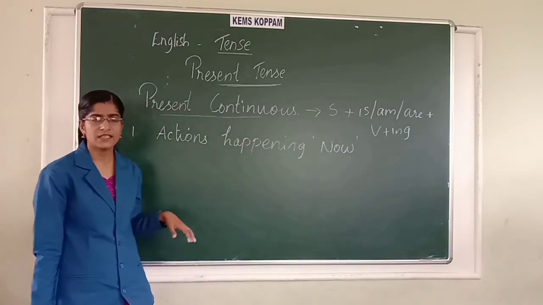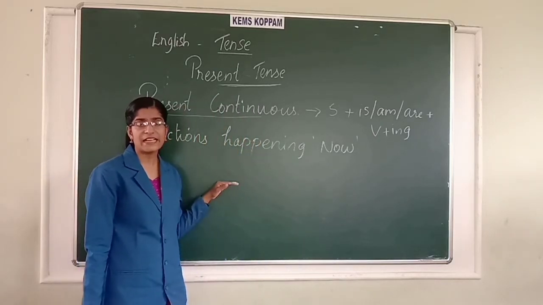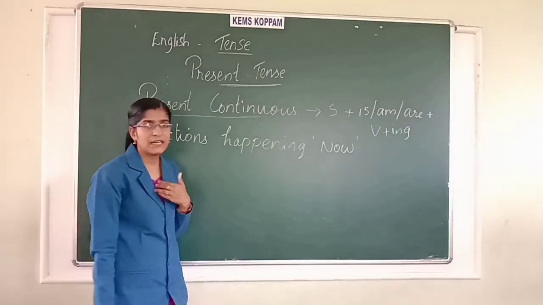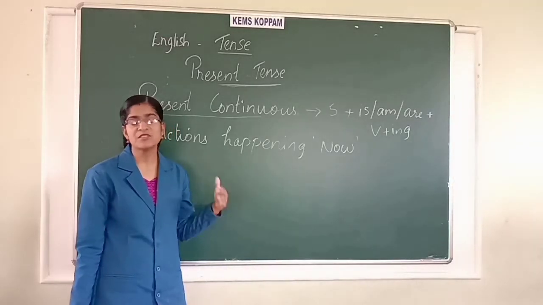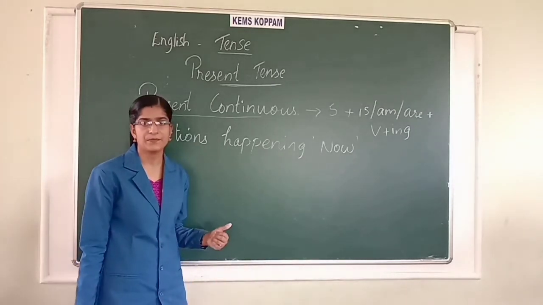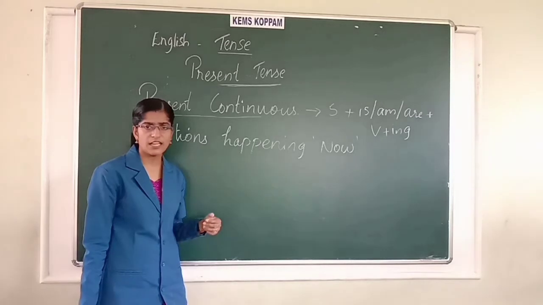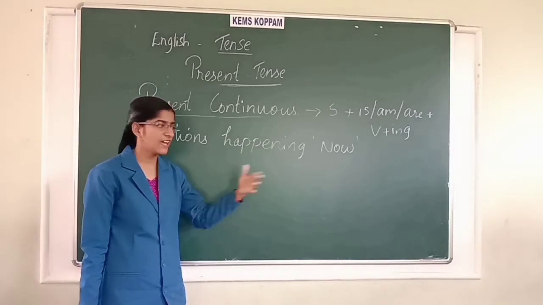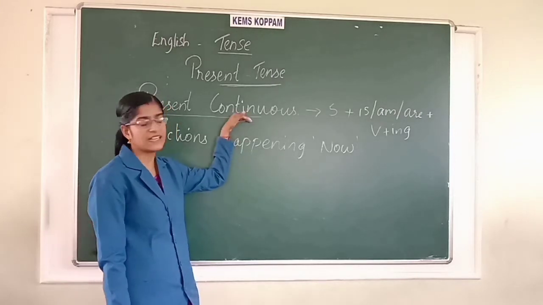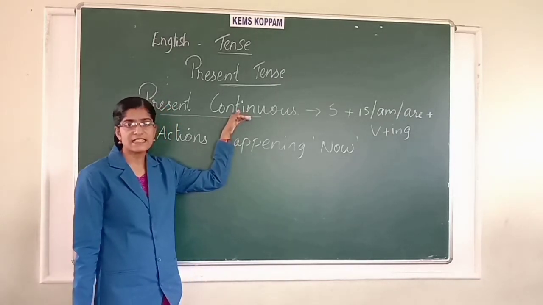What is he doing? He is playing cricket now. Okay. What am I doing now? Okay, I am teaching English now. What are they doing there? Okay, they are talking at the moment or they are speaking at the moment. So which are the time phrases you can use with present continuous?